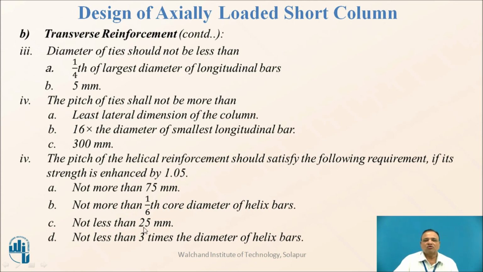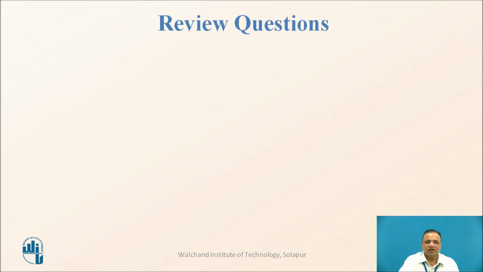We are supposed to follow this strictly if we are increasing the strength by 5%. If we are not considering the increase in strength by 5%, in that particular case we can go for the pitch which is given by the earlier clause. So these are the important guidelines given by IS 456 for design of an axially loaded short column.